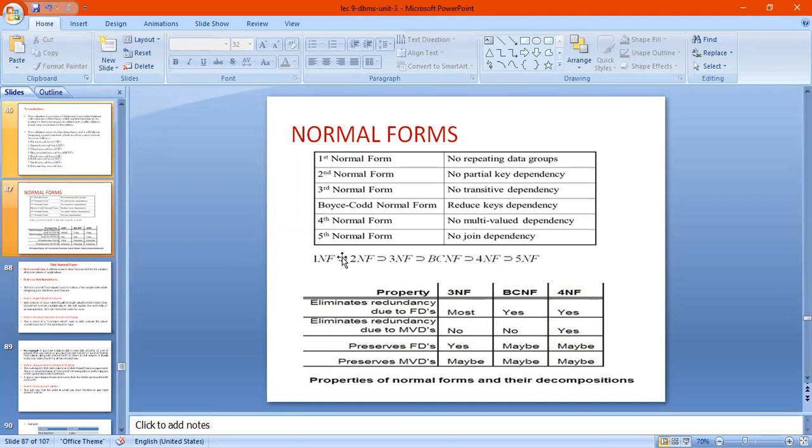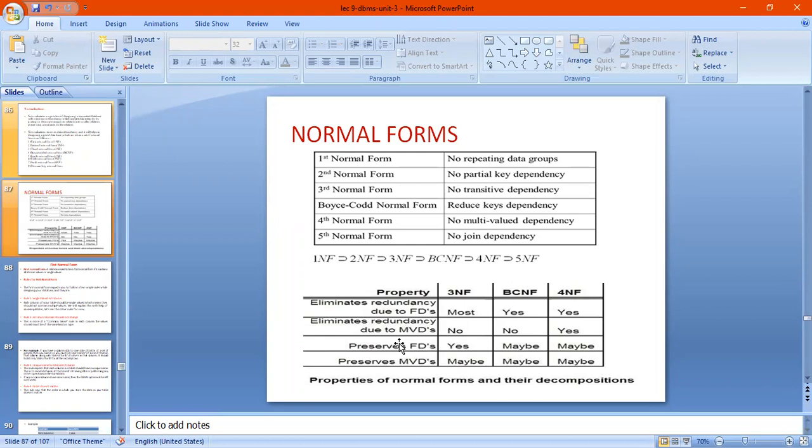So what is second normal form? The properties and conditions of first normal form plus no partial key dependency. It eliminates redundancy due to functional dependency. In third normal form it is mostly done, BCNF is completely done, and fourth normal form is also completely removed.